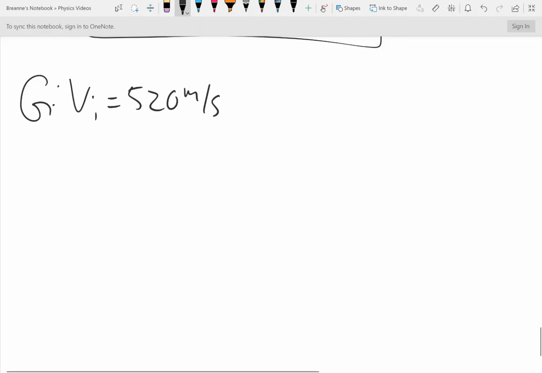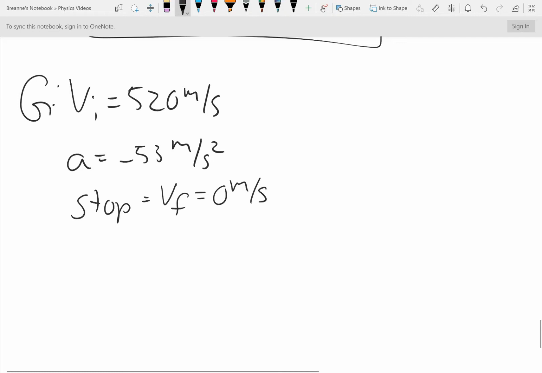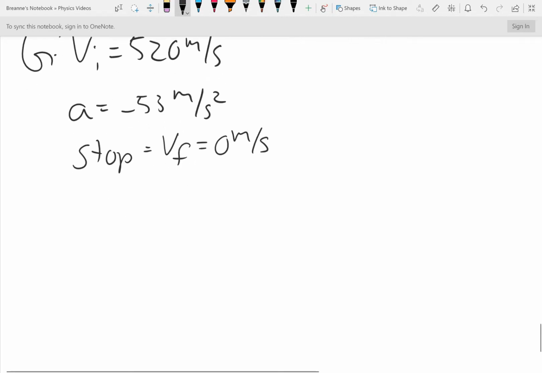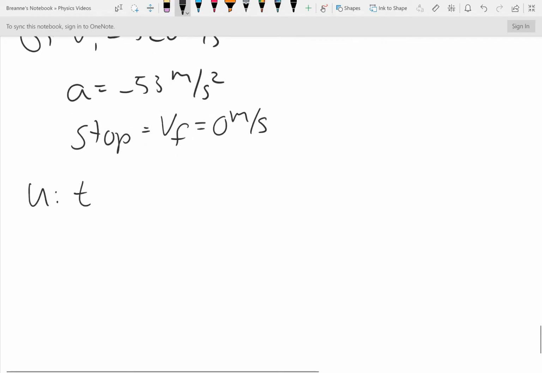And then part A, it states, if its acceleration is negative 53 meters per second squared, so that is our acceleration, how long will it take to stop? Remember, stop is a given. It means your final velocity is 0. Stop before it hits the Earth's atmosphere. So how long? We're looking for time.